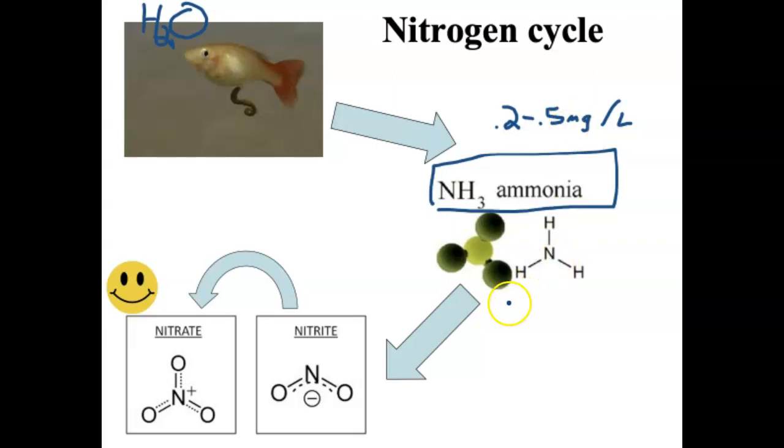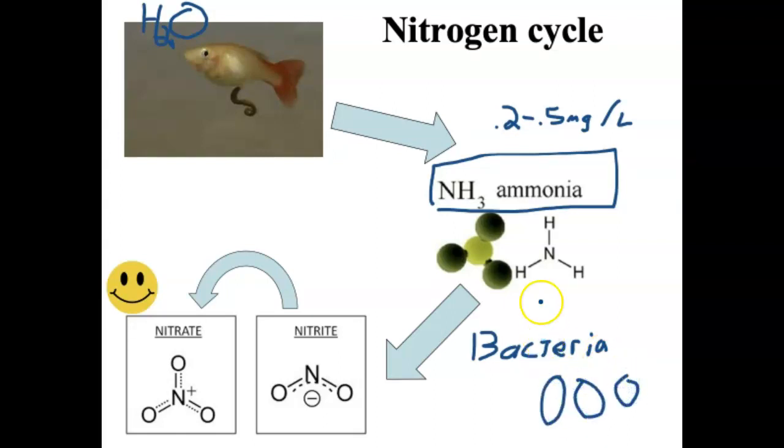So there is a group of bacteria, and I'm not going to ask you to remember the names of the bacteria here, but there is a bacterial population known as the Nitrococcus. Coccus, that's supposed to be round. That will break down ammonia and convert it to nitrite.